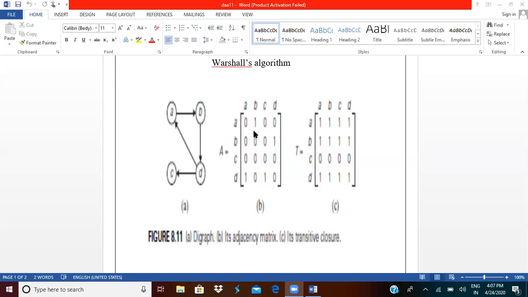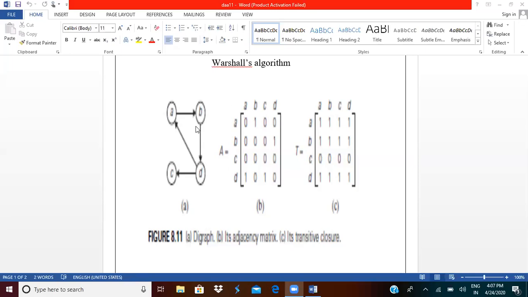An adjacency matrix for the graph is such that if there is a direct edge from one vertex to another vertex, then we put a value 1 at that ith row and jth column.